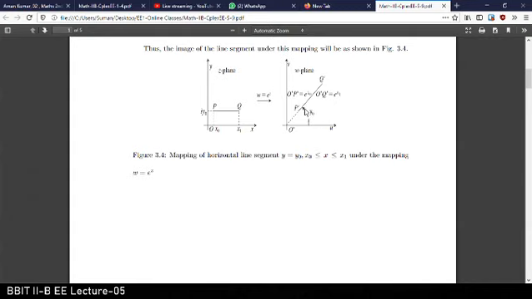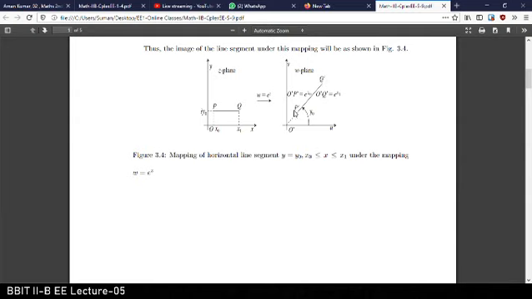So after the mapping, each point is rotated by an angle y0. The modulus of a complex number gives the distance of that point from the origin. So the distance of the image P dash from the origin is e to the power x0, and the distance of the image Q dash from the origin is e to the power x1.